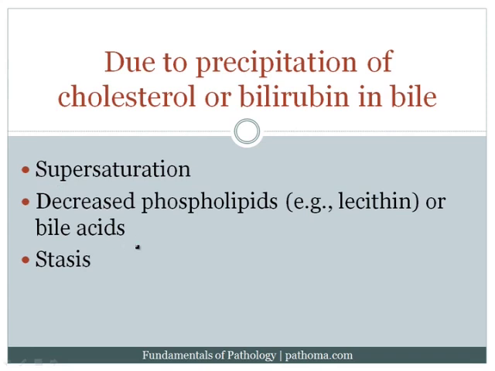Now, recall that phospholipids and bile acids help to solubilize the cholesterol, for example. And so if you lose the ability to solubilize the cholesterol, you're going to increase the risk that cholesterol would precipitate. One example of this would be a pharm tie-in in which you think about a drug, for example, cholestyramine. Cholestyramine is a lipid-lowering agent, and the way it works is by binding bile acids, which then prohibits recycling of the bile acids by the ileum.